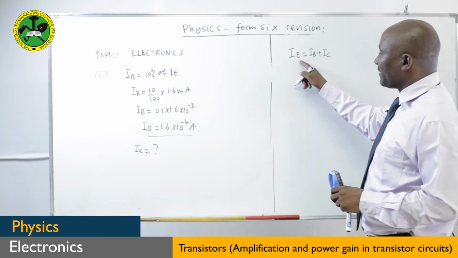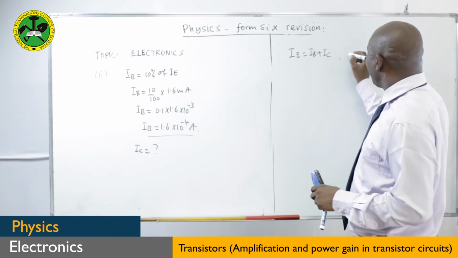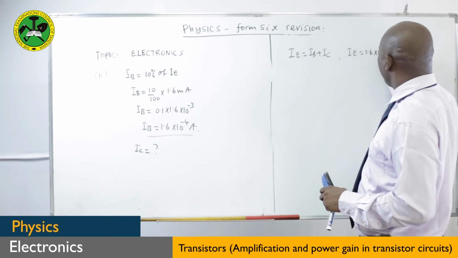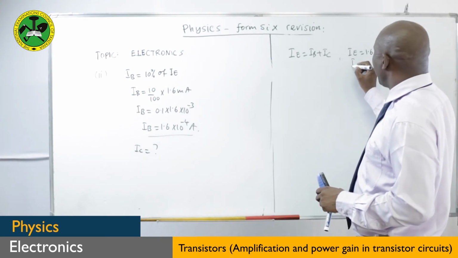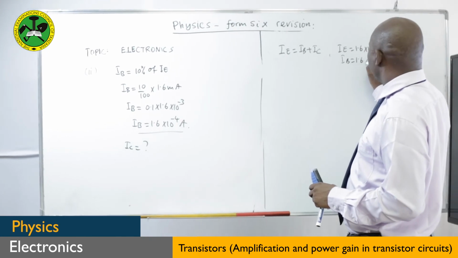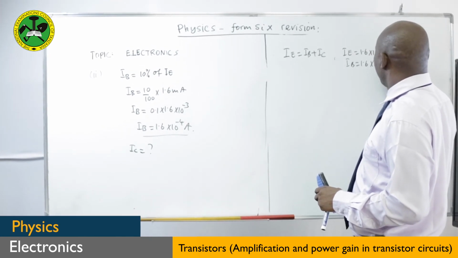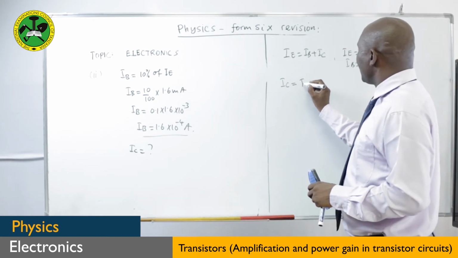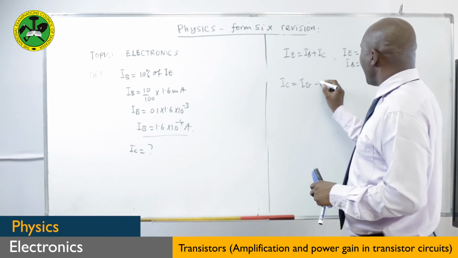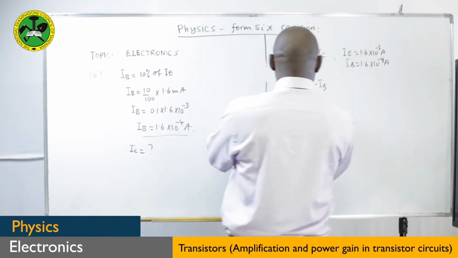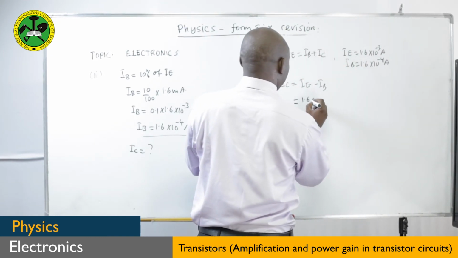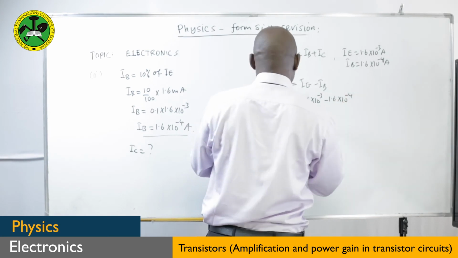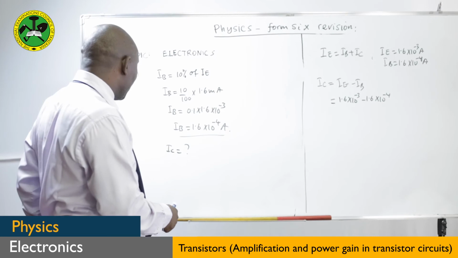If you know our emitter current, which is 1.6 times 10 power -3 ampere, and our base current is 1.6 times 10 power -4 ampere, you can find the collector current as IE minus IB. This gives us 1.6 times 10 power -3 minus 1.6 times 10 power -4. Using a calculator, you can find the value of the collector current.